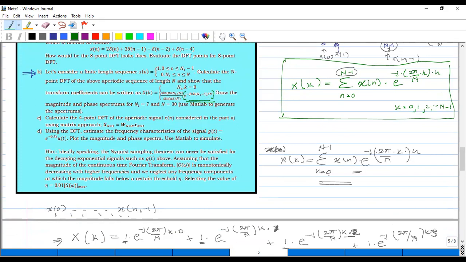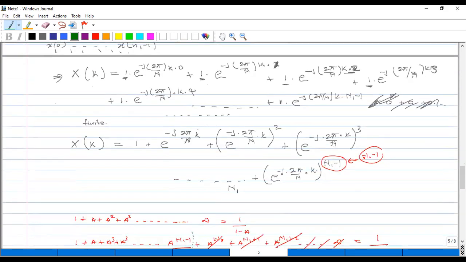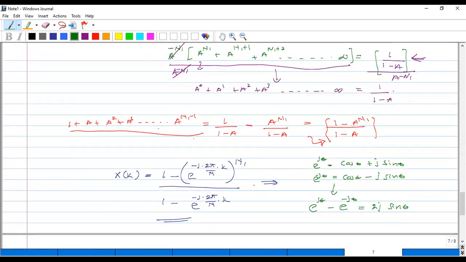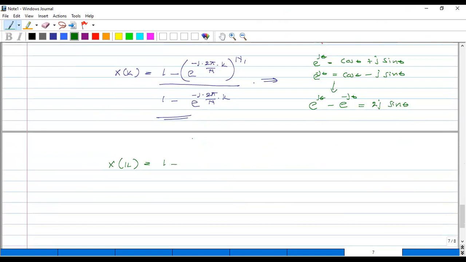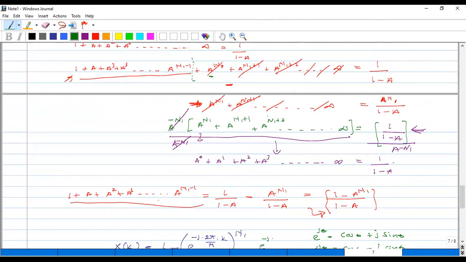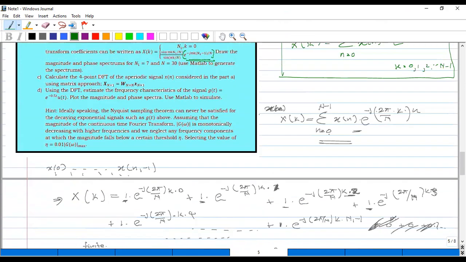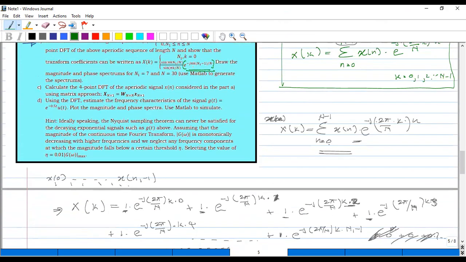So to take that term, I'm not sure my approach is correct or not. Okay, we will try it. I think it will be okay. So you can see that here we have e to the power minus j term, minus j 2 pi k, sorry, pi k.